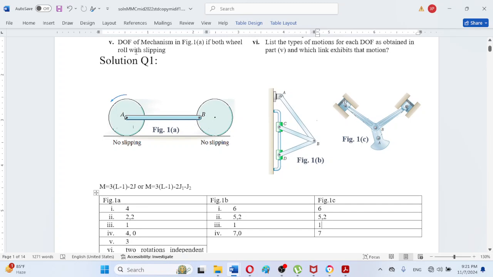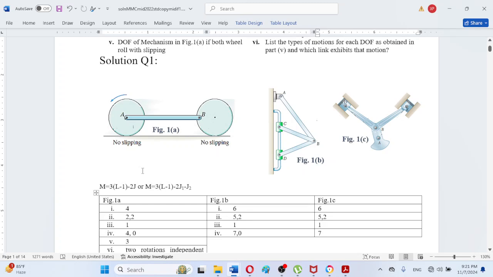As far as the 5th clause is concerned, it is mentioned to find the DOF of the mechanism in figure 1 if both wheels roll with slipping. That means we will now assume that the connection between each wheel and the ground is a roll-slide, like a pin in a slot connection, or a 2 freedom joint.